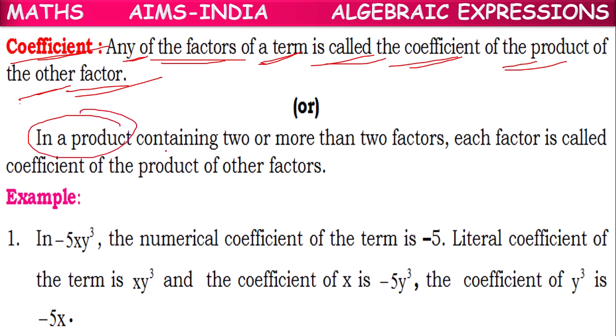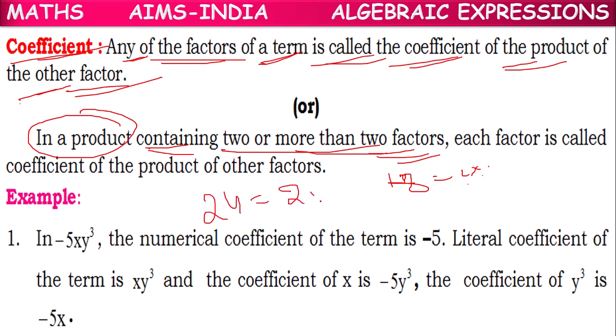In a product containing two or more factors, suppose we have 24, we can write it as 2 into 3 into 4. So 24 is a product having the quantities 2, 3, 4. So it has 3 factors: one is 2, another is 3, another is 4.